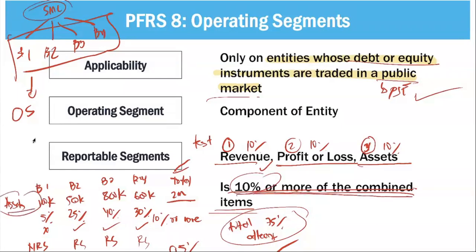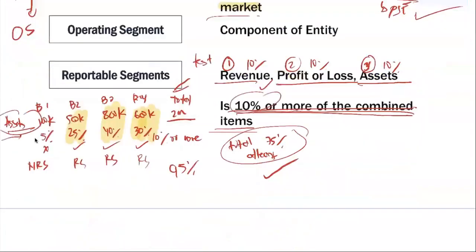In our example, we use your assets as a test. So what is 10% or more? Business one does not qualify, while business two, business three, and business four do. Okay? That's it for your operating segments. And that's the end of our disclosures and related matters.